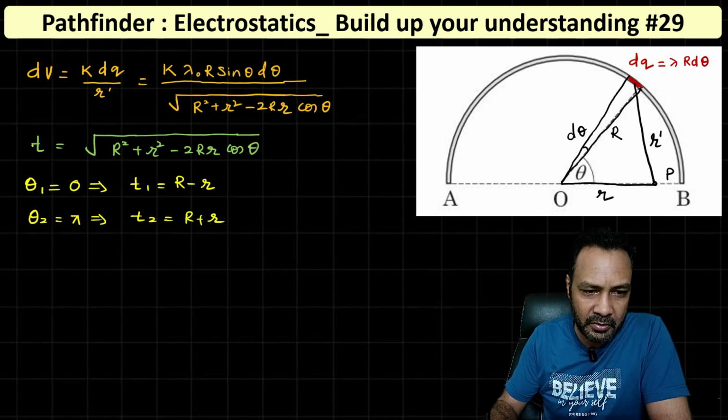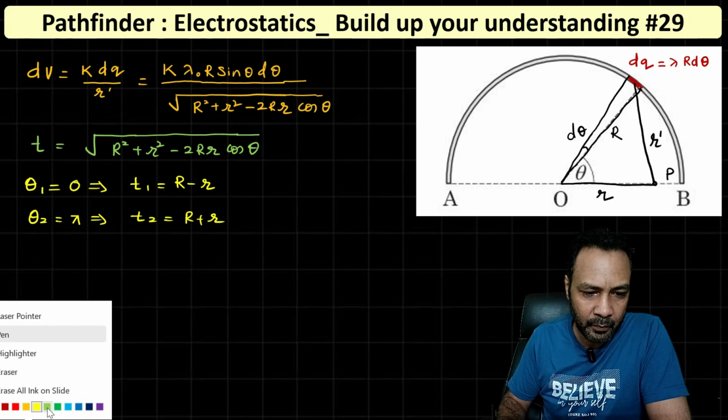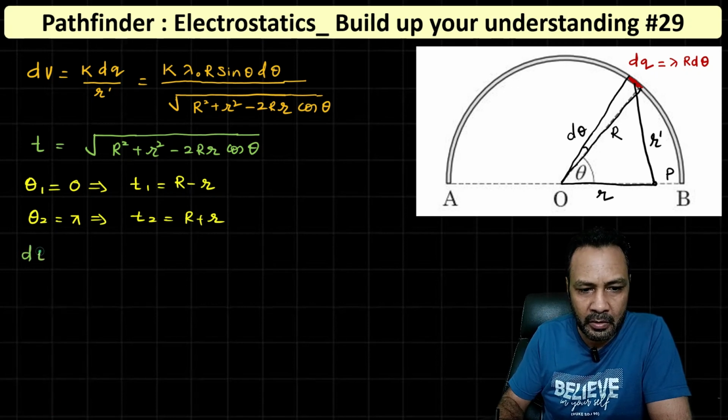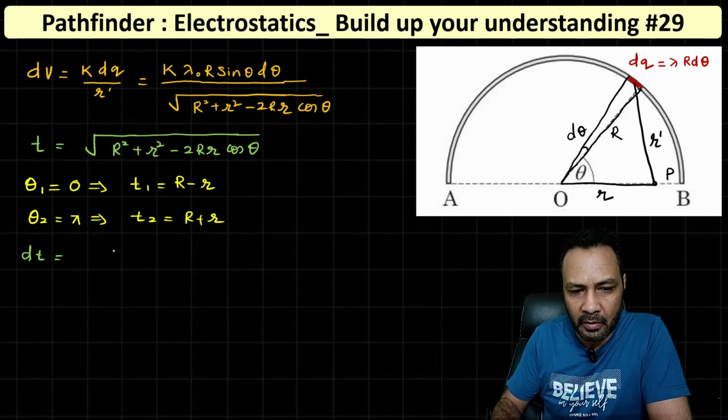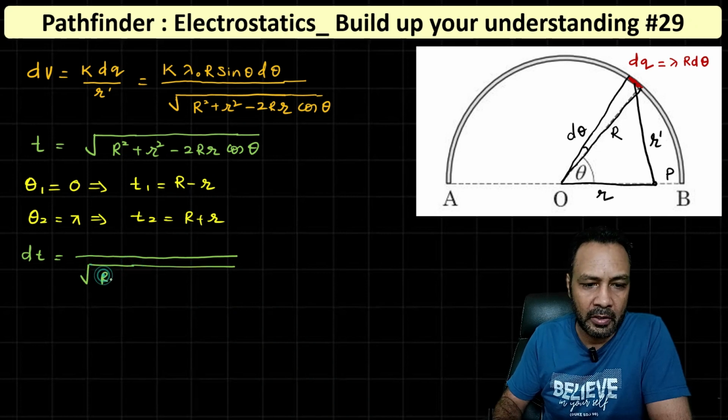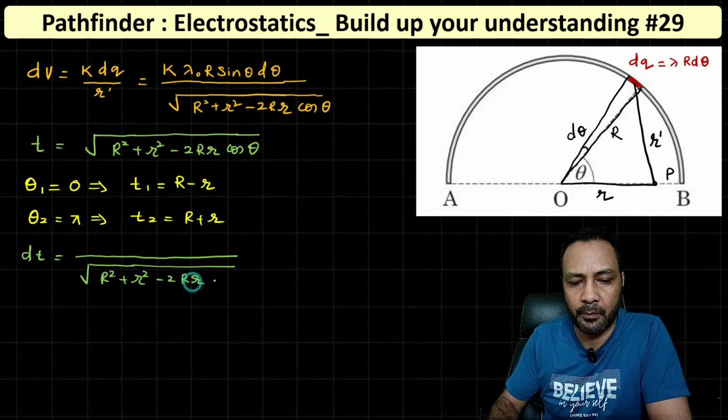So now just take a differential of that t, so dt is equal to the differential of that whole thing, which is the square root of capital R square plus small r square minus 2 capital R small r cos theta.